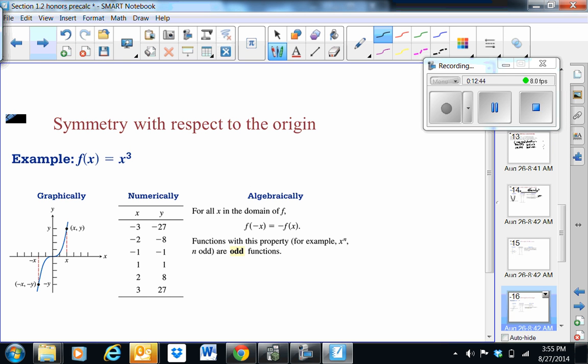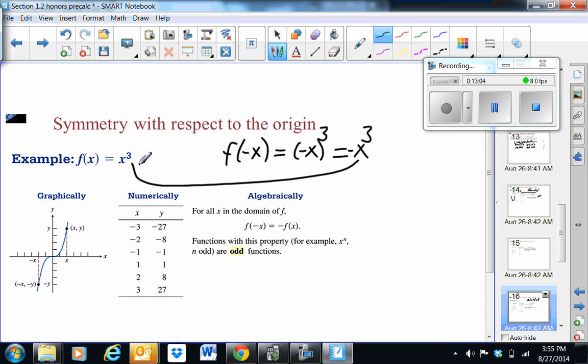Symmetry with respect to the origin. Now this is the other big one you need to know. If we plug in again f of negative x into our function, that equals negative x cubed. When we work that out and simplify it, we get negative x cubed. Now we compare it to what we started with, and we have that they are exact opposites.